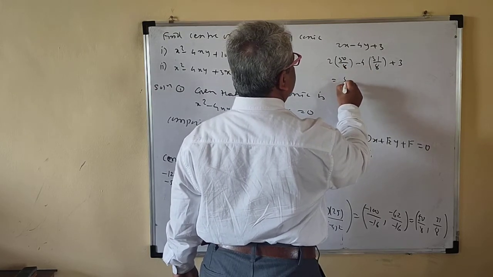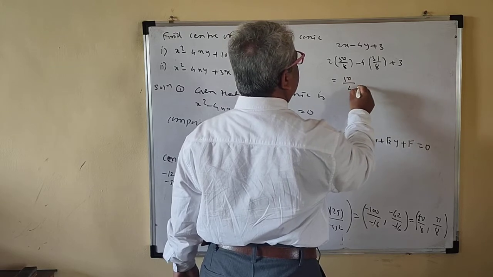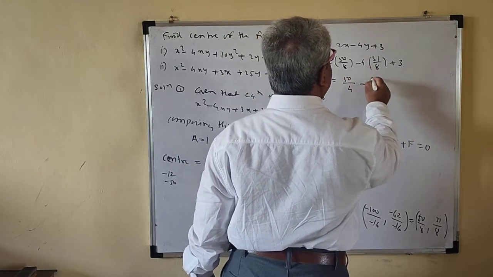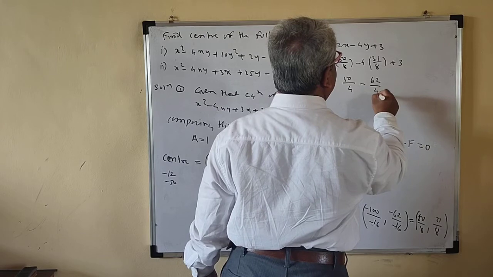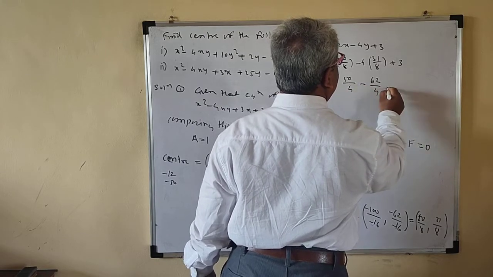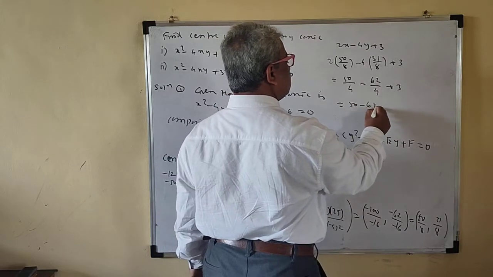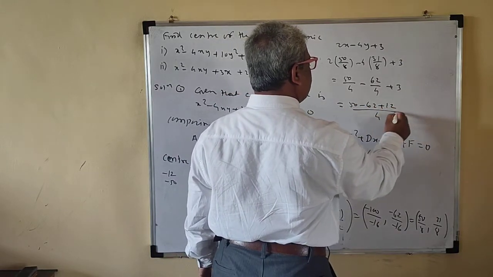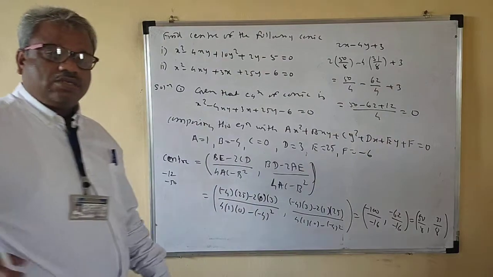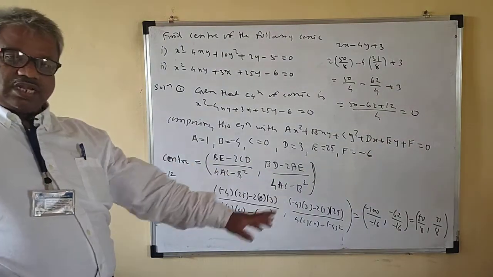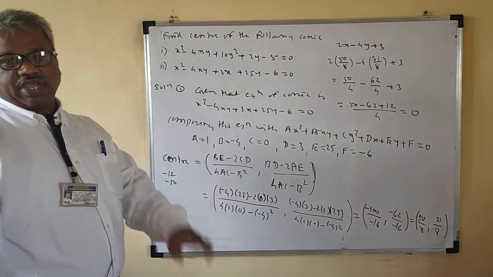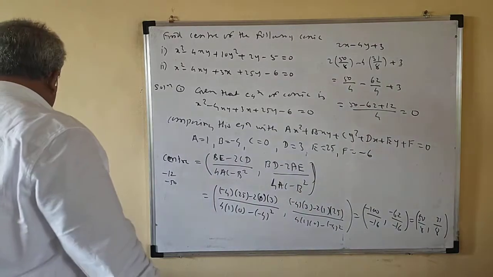So if you divide by 2, this is 50 upon 4, and we'll write here 62 upon 4, plus 3 here. Then this is 50 minus 62 plus 12 upon 4. This is 0. Okay, so that means the center is correct. Whatever the center we got, it is correct. In this way, you can check whether your center is correct or not.